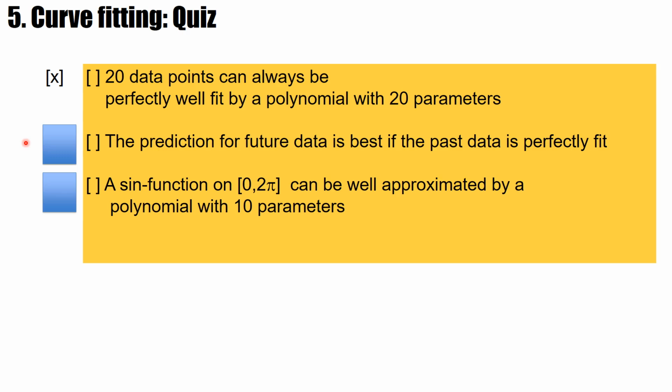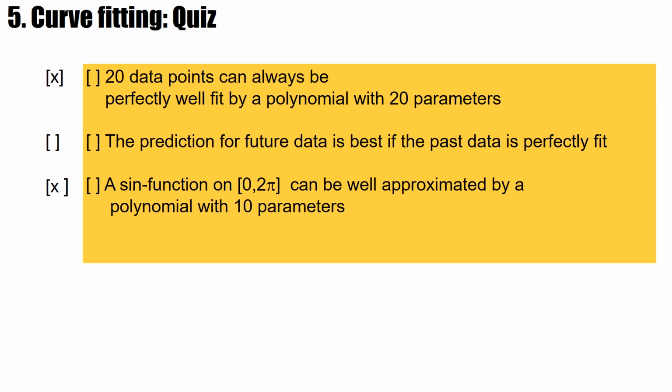If you agree, raise your hand. No, this is wrong. A sine function on 0 to 2 pi can be well approximated by a polynomial with 10 parameters. If you believe that this is true, raise your hand now. And yes, this is true.